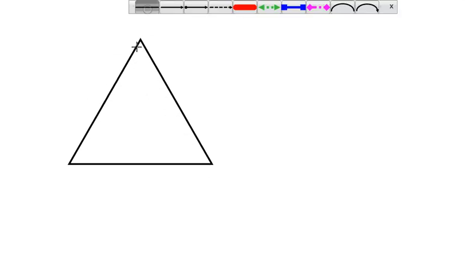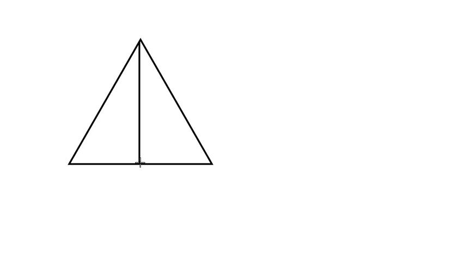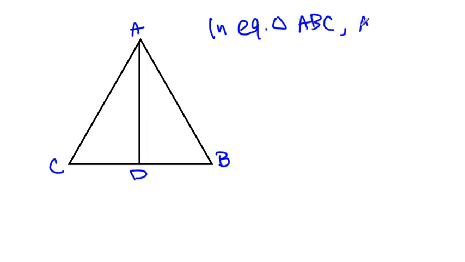Now, this time, in an equilateral triangle, let me call this one A, B, C, and D. In equilateral triangle ABC, AD is a median. In the case of an equilateral triangle, they all represent the same line segment.